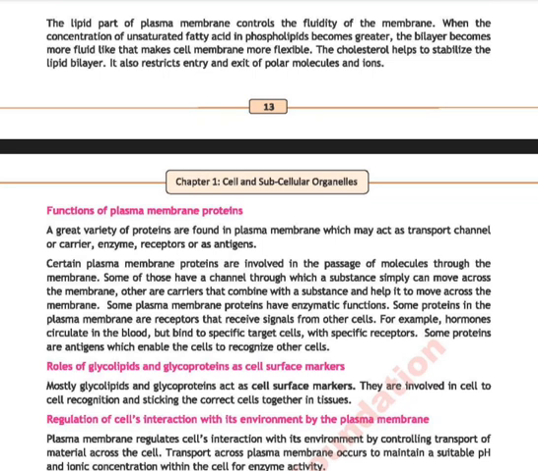That makes the cell membrane more flexible. The cholesterol helps to stabilize the lipid bilayer. It also restricts entry and exit of polar molecules and ions.